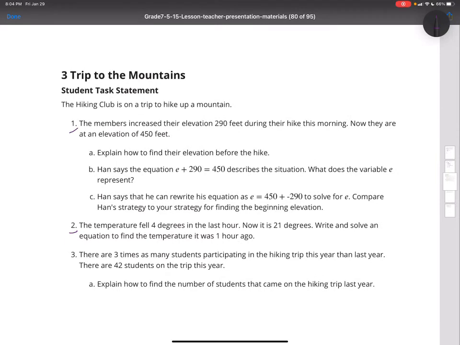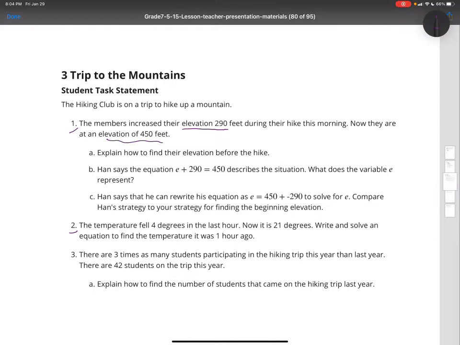Okay, so let's get started with part A. It said explain how to find their elevation. So let's go back to the problem and annotate. They said the members increased their elevation 290 feet during their hike. Now they're at 450 feet. So when I'm thinking, okay, well, they increased it by 290, now they're at 450.